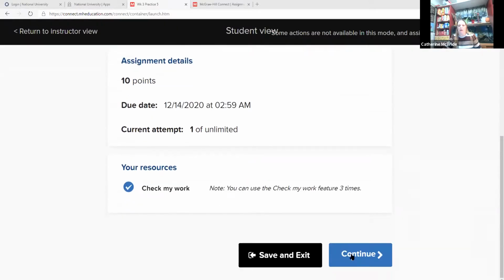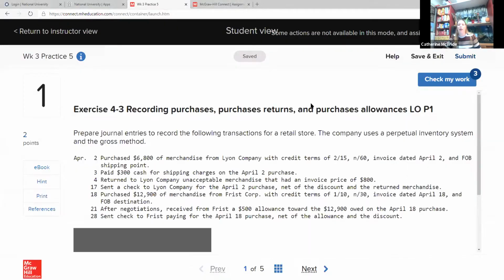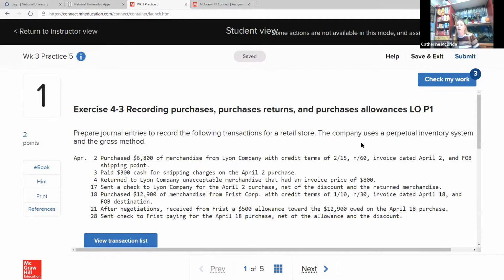Now I'm going to share what we're going to talk about today. Today we're going to start with inventory, and then we're going to look at accounts receivable. There are videos posted that talk about inventory costing, especially FIFO, LIFO, which we're going to get into tonight, and weighted average.